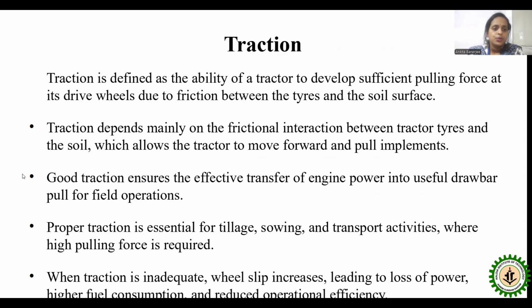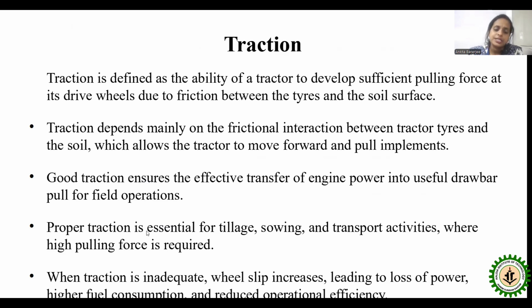For detailed interaction I have mentioned a few points here. Traction depends mainly on the frictional interaction between tractor tires and the soil, which allows the tractor to move forward and pull implements. Good traction ensures the effective transfer of engine power into useful drawbar pull for field operation. I will discuss it later.